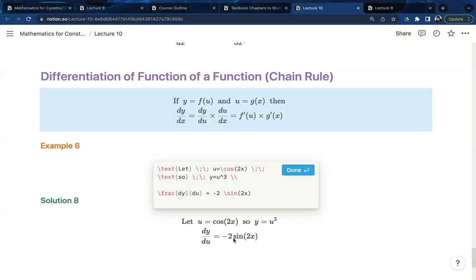What we're doing is differentiating u with respect to x. So u is a function of x. We differentiate this with respect to x. The derivative of a cosine gives a minus sign, and we get negative 2. We need to find dy du, because that's the formula.